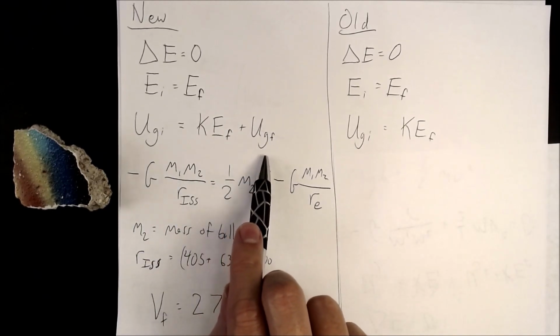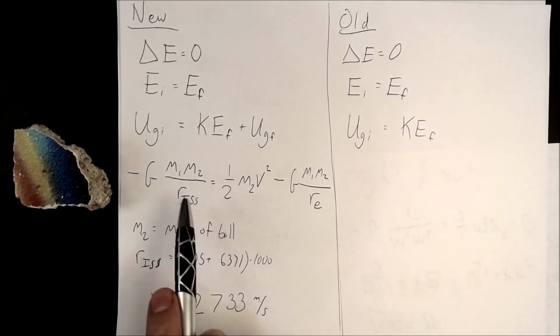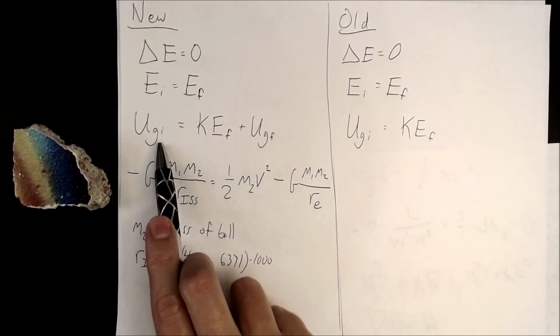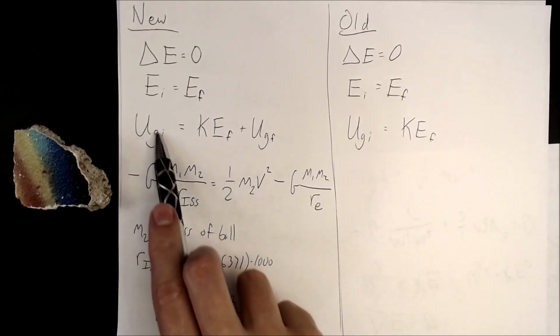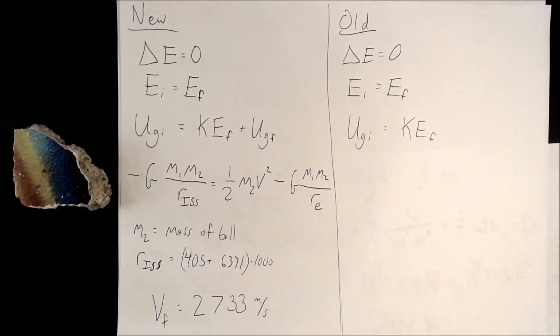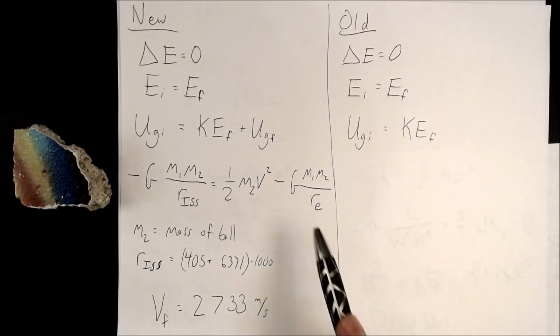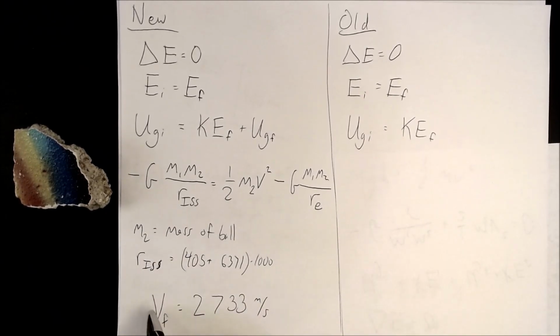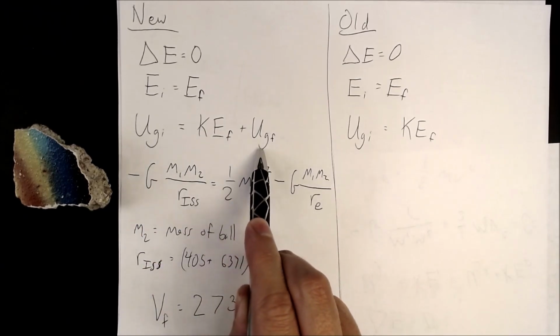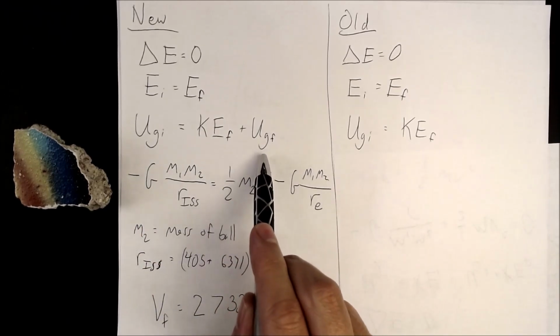Therefore, if something isn't at infinity, we have to include gravitational potential energy there and there. Neither of these places are infinity, therefore we have to include gravitational potential at both places.